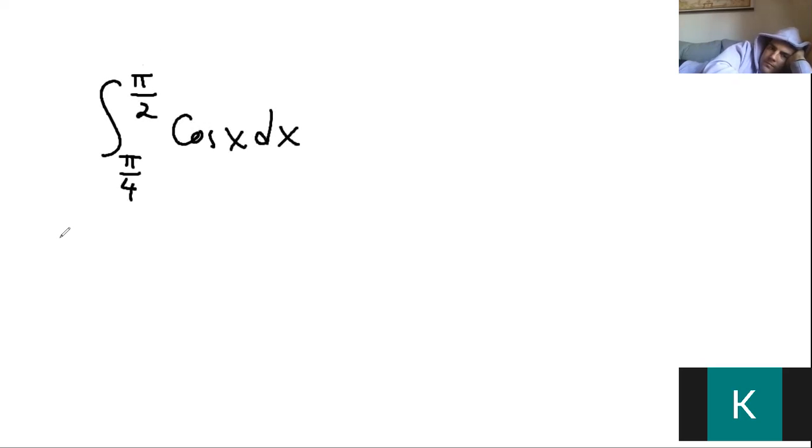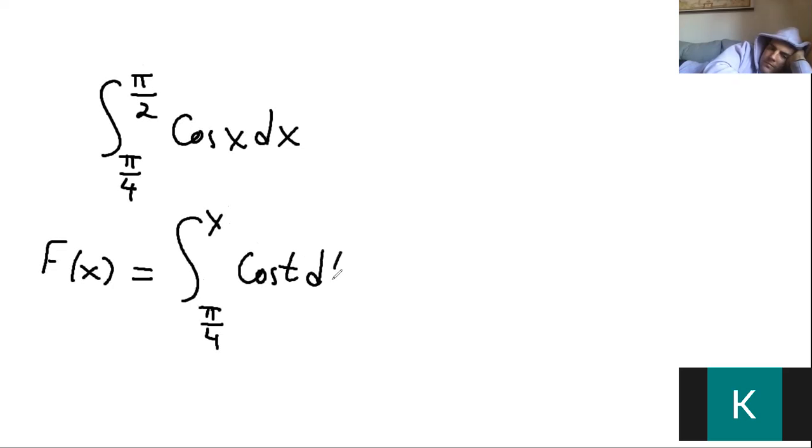But cosine is a continuous function, and I know, and I do this. So I define the function capital F of x to be the integral from pi over 4 to x of cosine t dt. By the fundamental theorem of calculus, the derivative of this function, let's call this sub a here, is simply cosine of x. You understand?